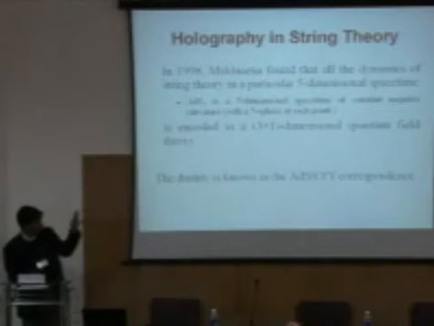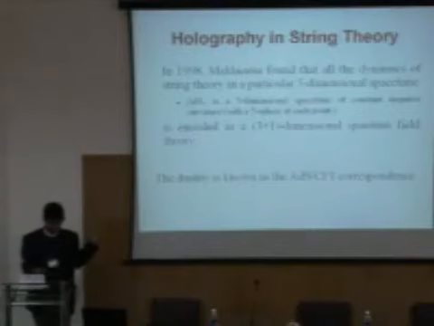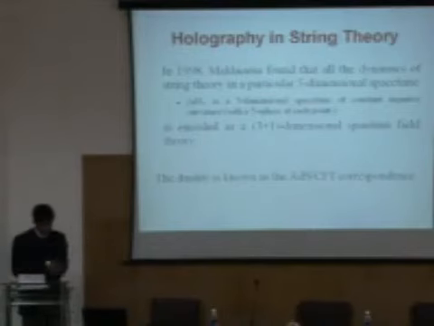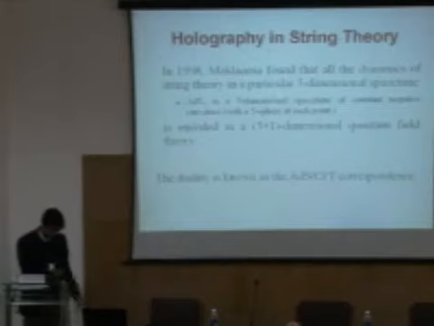Here I'm counting space and time, so 3 space and 1 time dimensions, and 5-dimensional space has 4 space and 1 time. The space is just a space-time of constant negative curvature. So all the dynamics of quantum gravity in this 5-dimensional space is in fact encoded in the 4-dimensional quantum field theory on the boundary.